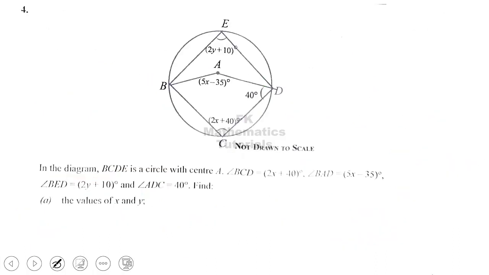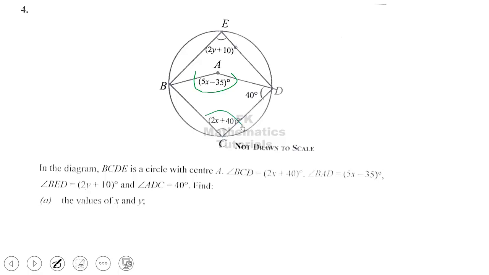We have this one here. In the diagram, BCDE is a circle with center A. So the center is A here. Angle BCD is 2x plus 40. So this is angle BCD.